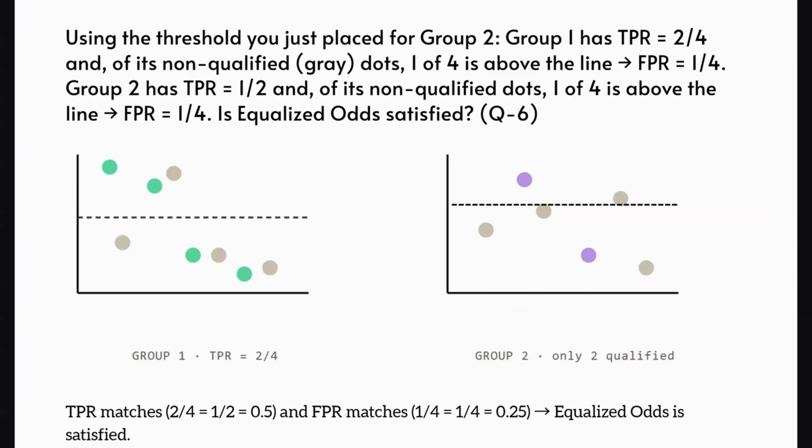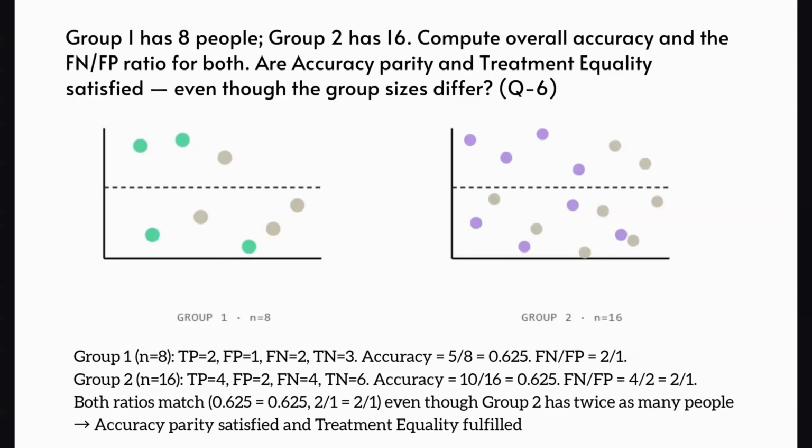So 2 upon 4, that is half; 1 upon 2, that is half. The false positive rate is 1 upon 4, 1 upon 4. Okay.